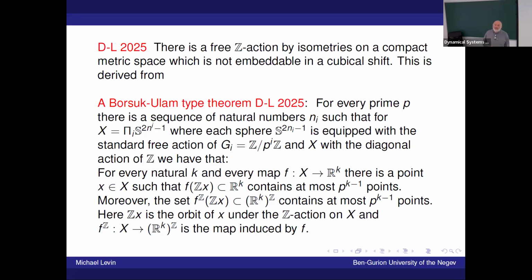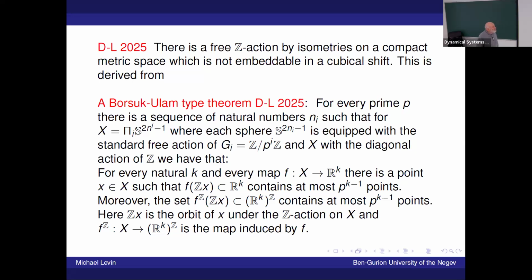And your previous postdoc, right, constructed such a dynamical system with arbitrarily small mean dimension, but still bigger than zero.